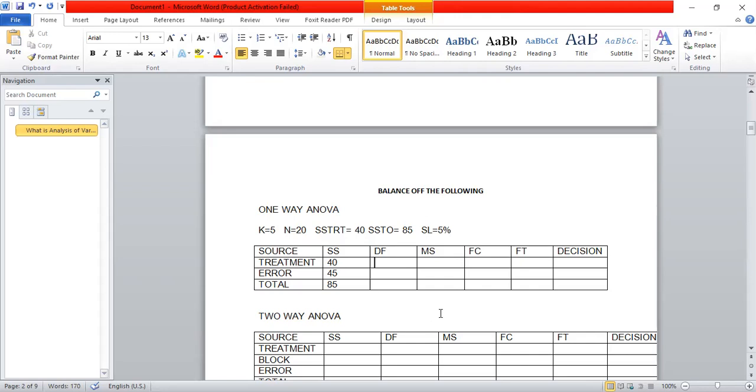It will be k minus 1. What is our k? Okay, it's 5. 5 minus 1, which is what? 4. Then what is the degree of freedom for the error?